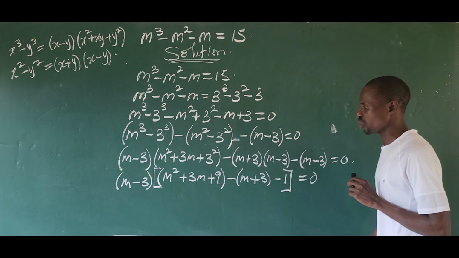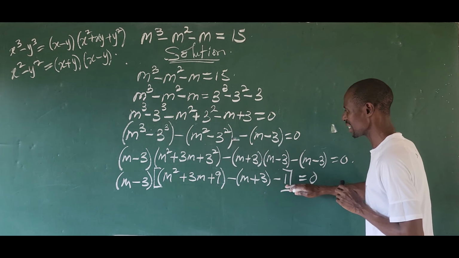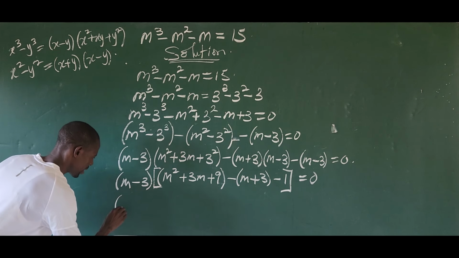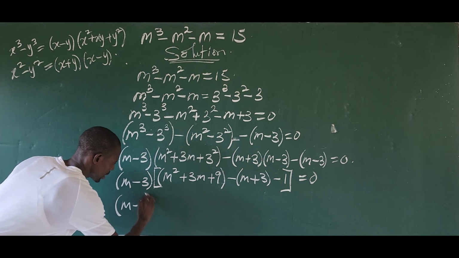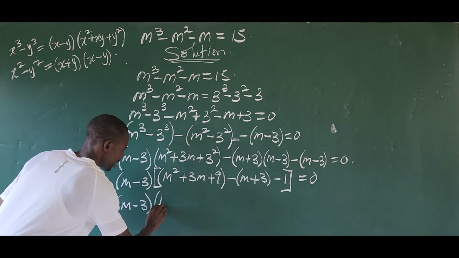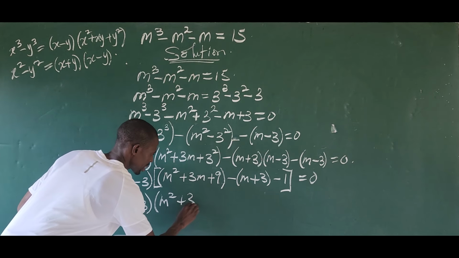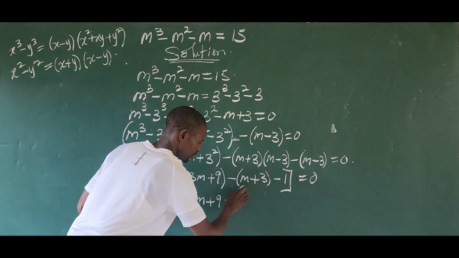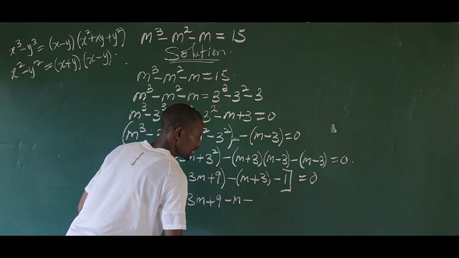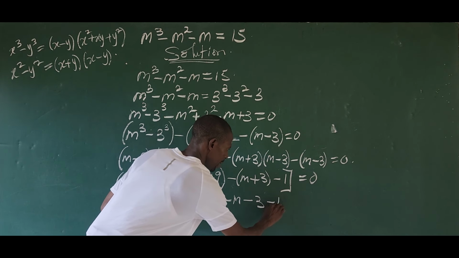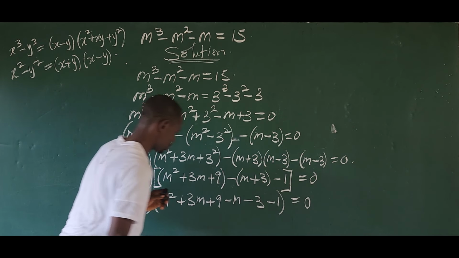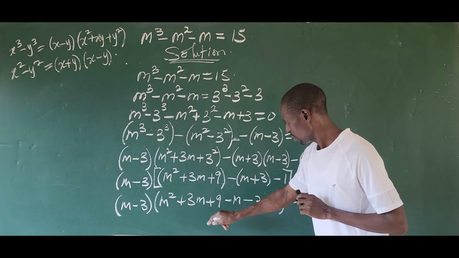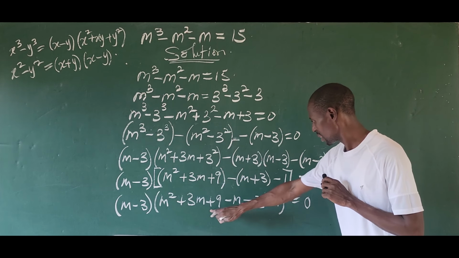So what we do, we can now open the terms we have inside the square bracket in here. So if we open up, this is going to give us (m minus 3), then bracket, m to the power of 2 plus 3m plus 9 minus, because we use this minus to open this, so this is going to give us minus m, then minus 3, then minus 1, close bracket, equal to 0. Okay, so let's look at it again. Now, we can add this, and this, and this.